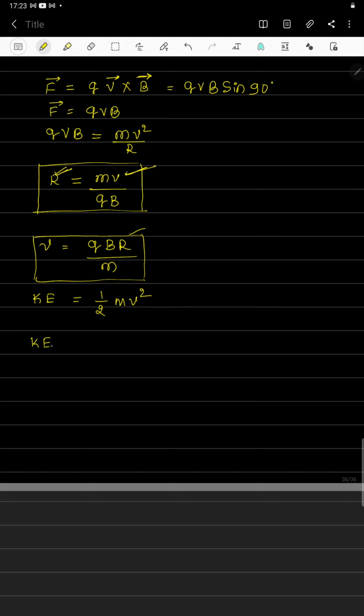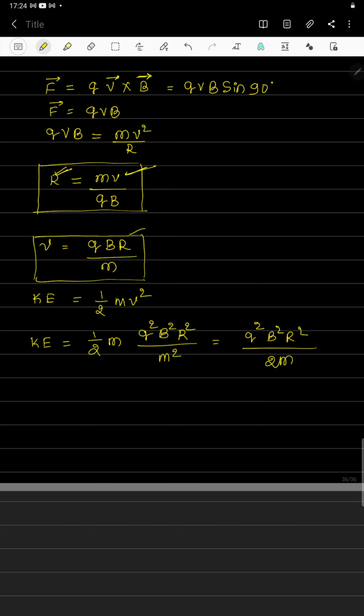If you substitute the expression of v in this, half m will be there, and v² is q²B²R² divided by m². The m cancels out, and you are left with q²B²R² divided by 2m.